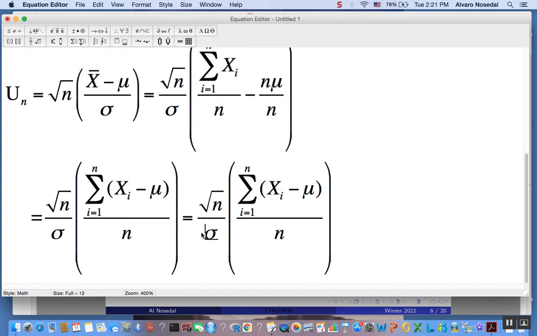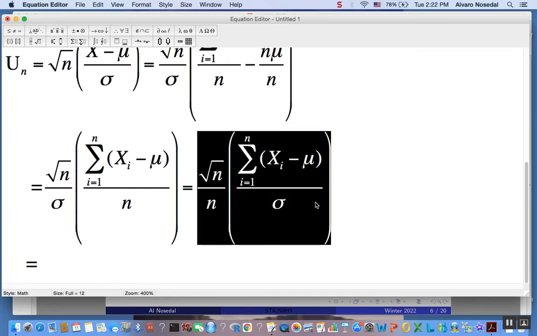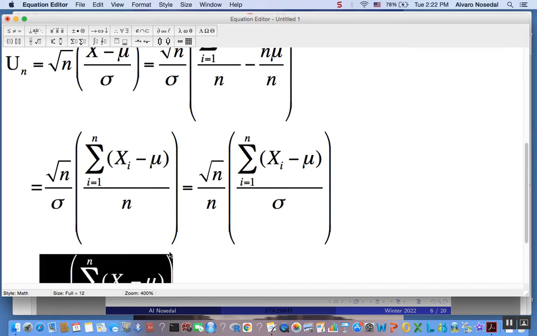Let me place that n here, and this one inside, right? Now this guy is a common factor, so now let me rewrite this as follows.